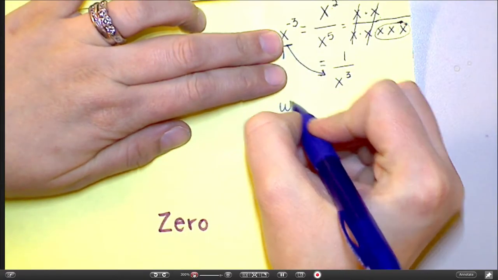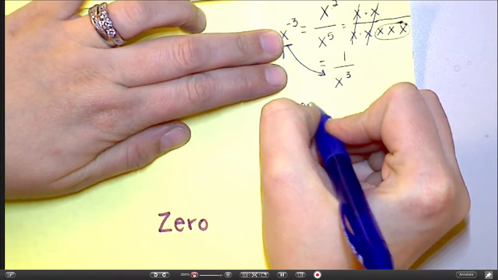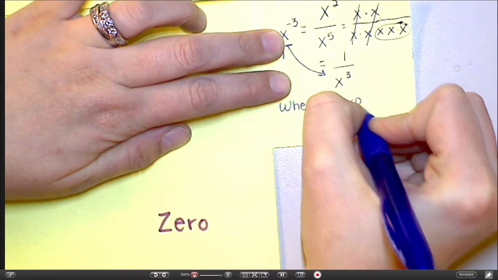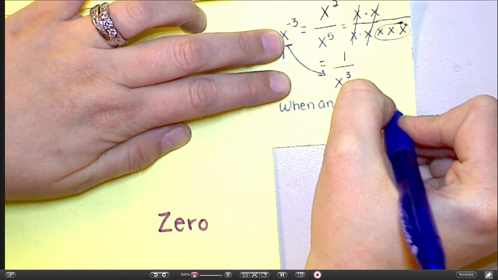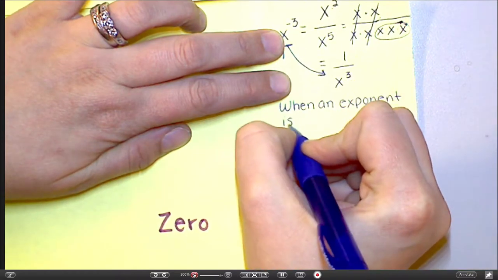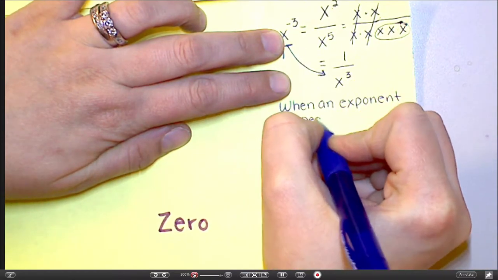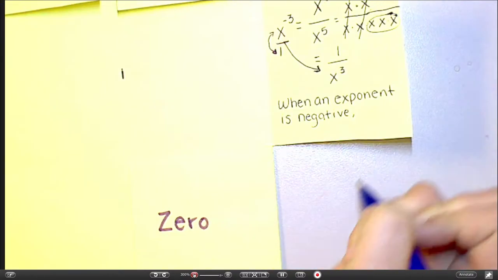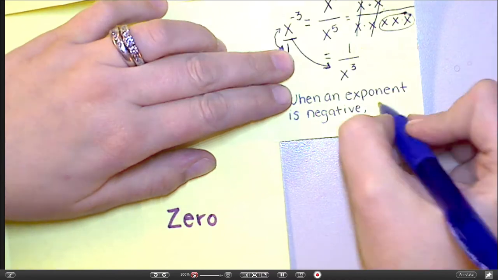So when an exponent is negative, we take the reciprocal.